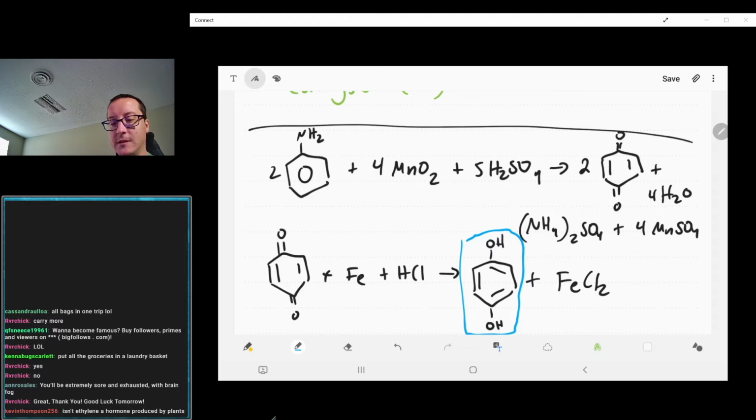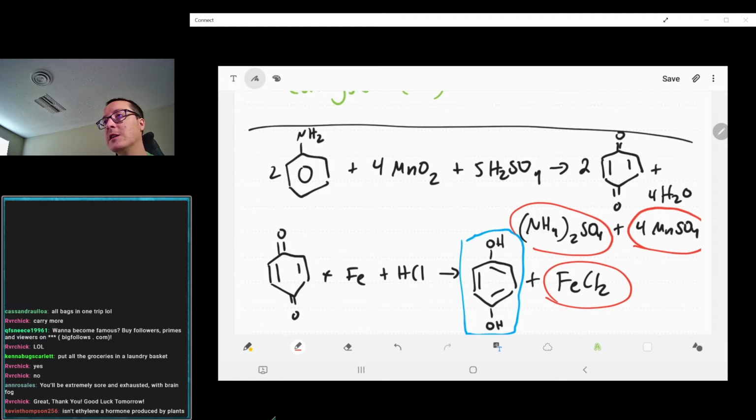Happy things. But notice we have a couple of problems here. We make 3 compounds that are not integrated into our final product. This is an atom economy issue.